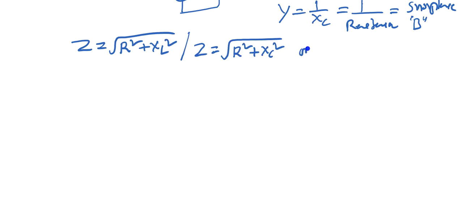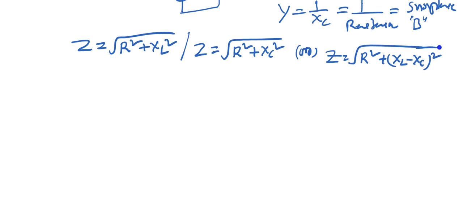Or from the previous lectures, for an RLC series circuit, the impedance is the square root of R square plus (XL minus XC) square, where the inductor is dominant. These are the impedances only. You have already studied this concept in simple RL, RC and RLC circuits.